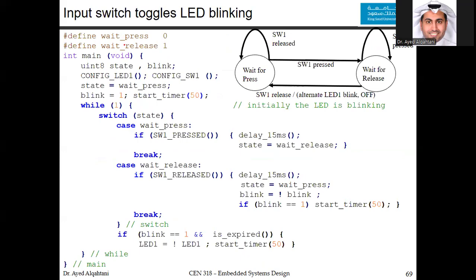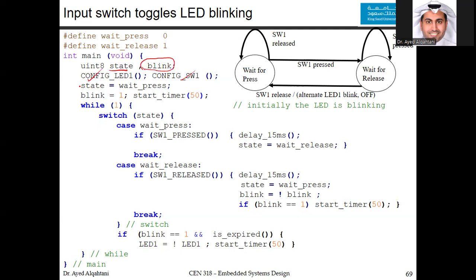So now you will have the same thing. We know that we define two states. Now we define the state, and we will have a while loop switching on this state, and we'll have two cases. Same thing. We also configure the LED and the switch, same thing. The only thing here is we identify this variable, we add it, which is for blinking. If blink is equal to 0, it's not blinking. If it is equal to 1, then you are blinking.